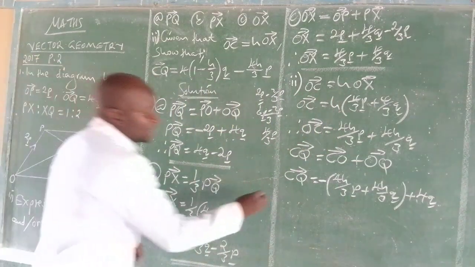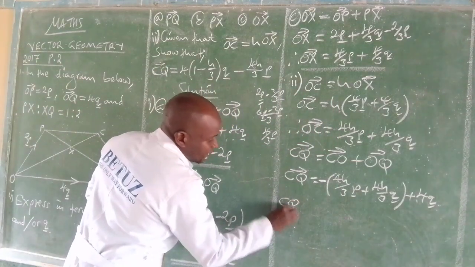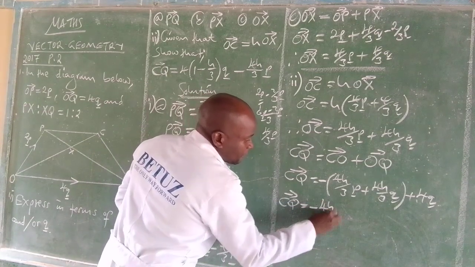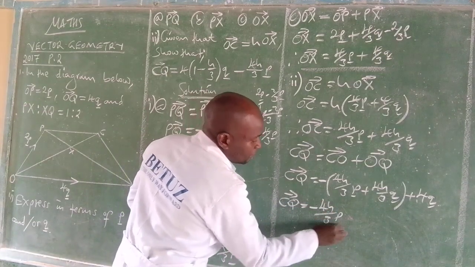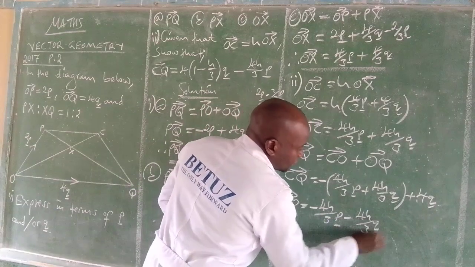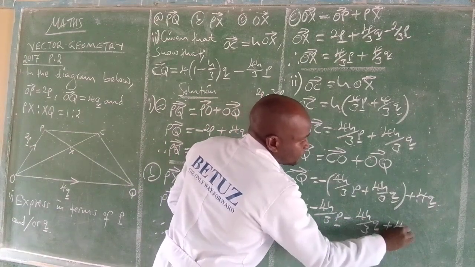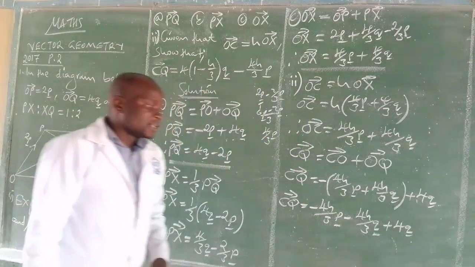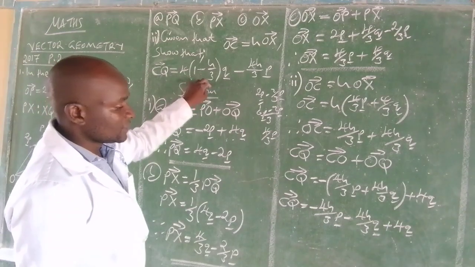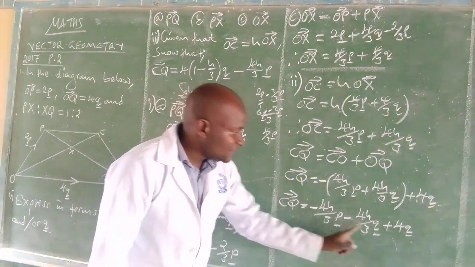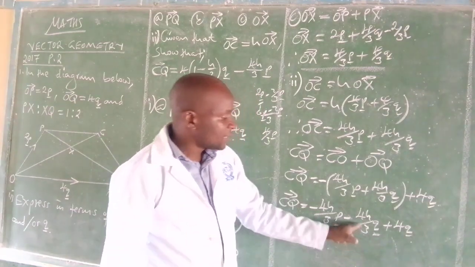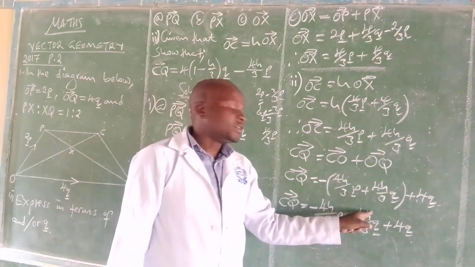Now we expand. So vector CQ is equal to negative 4h over 3P, negative 4h over 3Q, then plus 4Q. After that, we simply arrange this. Remember, this is Q and this is Q. We can't add or subtract them all because this one here has an h, which is a constant.